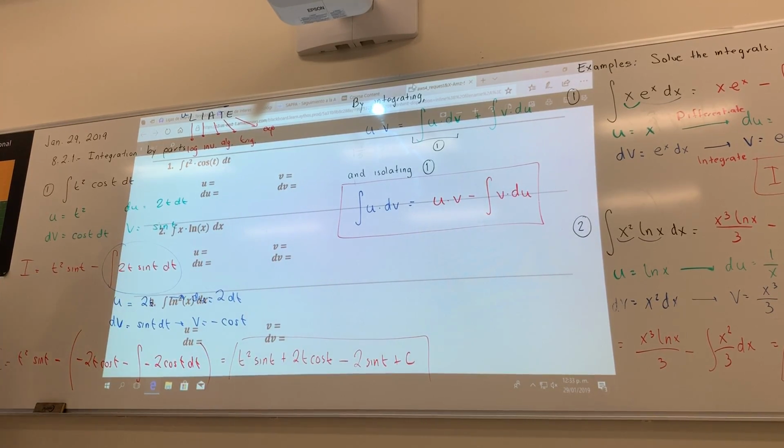Ah, ya entendí. Yeah. So, in this case, we apply the formula twice. What will happen if this was t to the 5th power, for example?